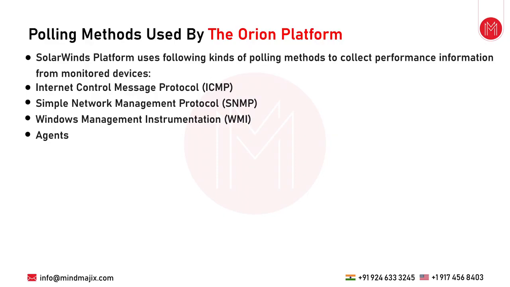ICMP is a simple internet message protocol where we can get the response of the particular server by pinging it. We are actually pinging it. The name itself indicates it: the SolarWinds Orion server will ping this particular server which we want to monitor, and the server will send back the response with some acknowledgement packets.